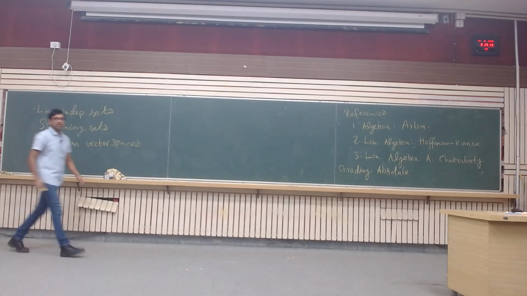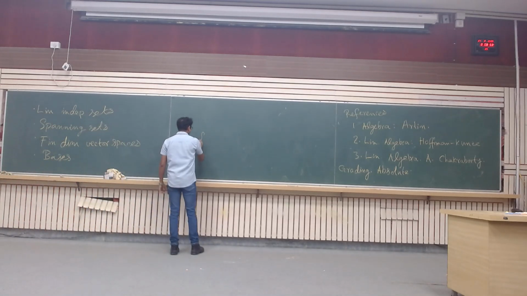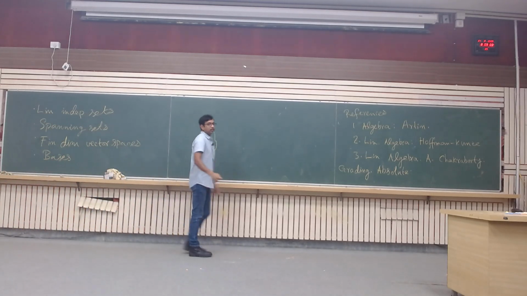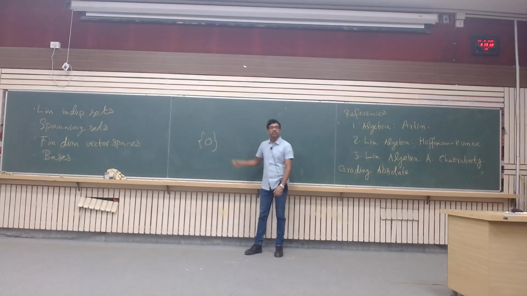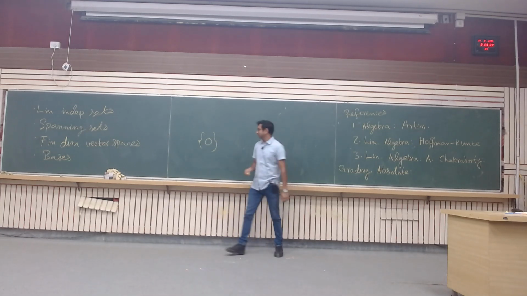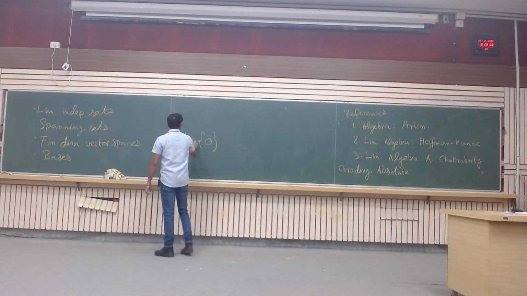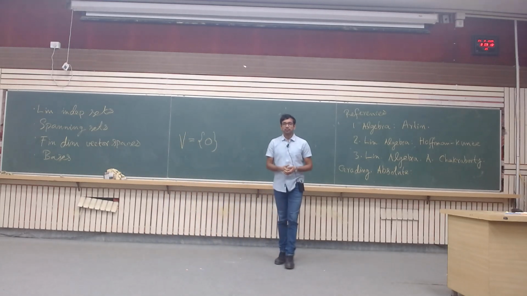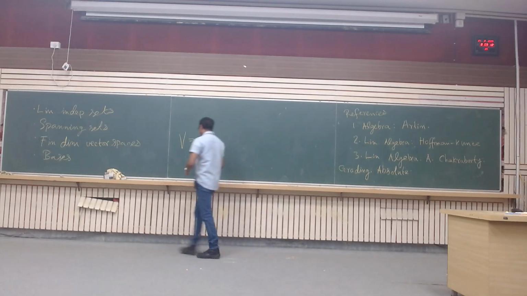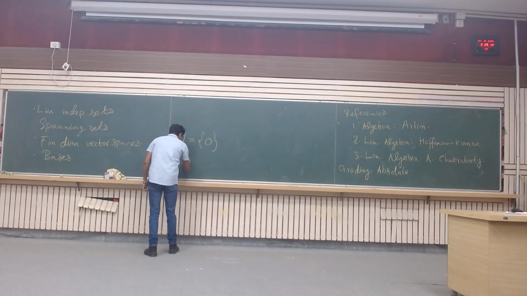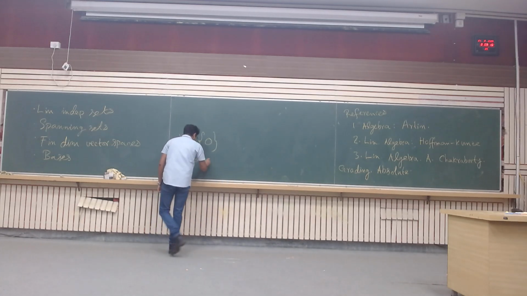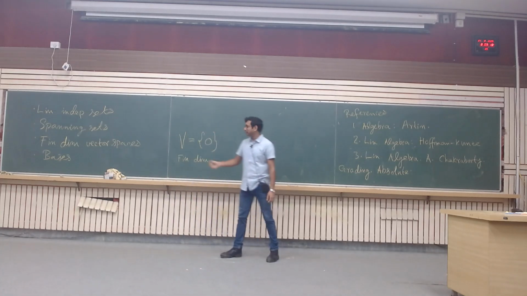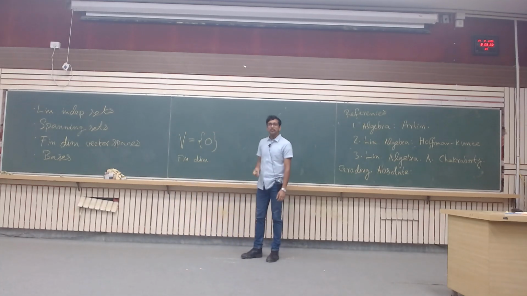So let's consider the simplest kind of example. Just 0. Is it a vector space? Okay. Very well. Is it finite dimensional? Okay. So all right, then can you give me a basis of this?